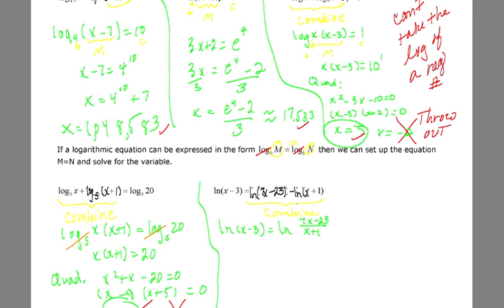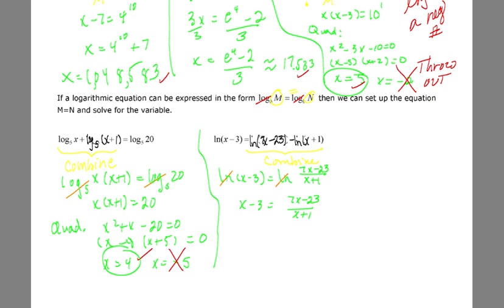We're combining that into a single logarithm. They're subtracted, they get divided. Since it's a format where I have a log equal to a log, I can cancel the logs and solve the resulting equation. x minus 3 equals 7x minus 23 over x plus 1.